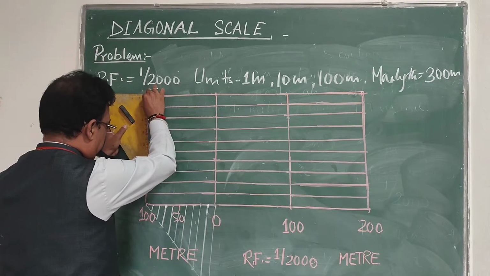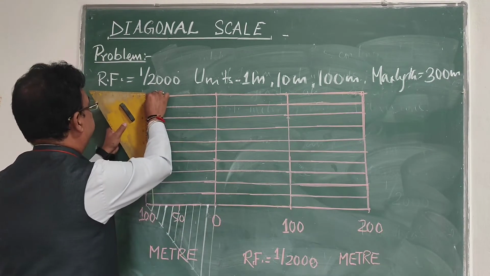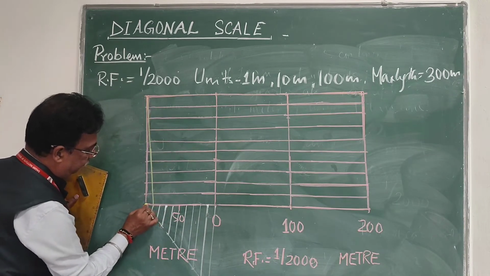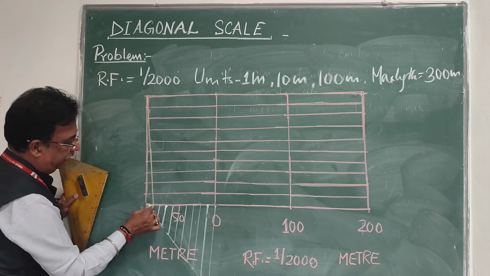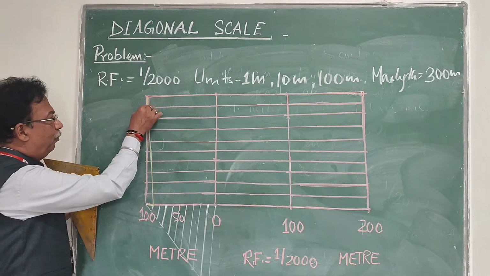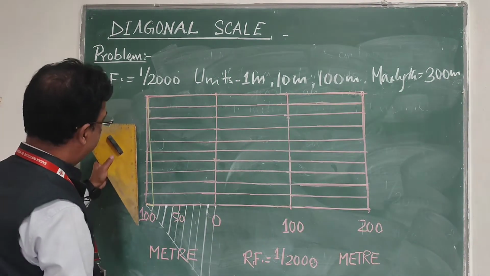So from this point I will join this line like this. Now look at this. In this figure, if this length is 10 meter, then this next length will be 9, and this small gap here will be 1 meter. That is the concept of diagonal scale.